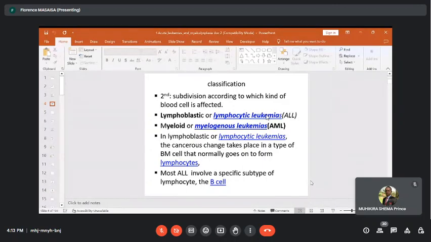That is acute myeloid leukemia. When I say ALL, I mean acute lymphoblastic leukemia. When I say AML, we understand acute myelogenous leukemia. Most of the ALL are mostly from B cells.